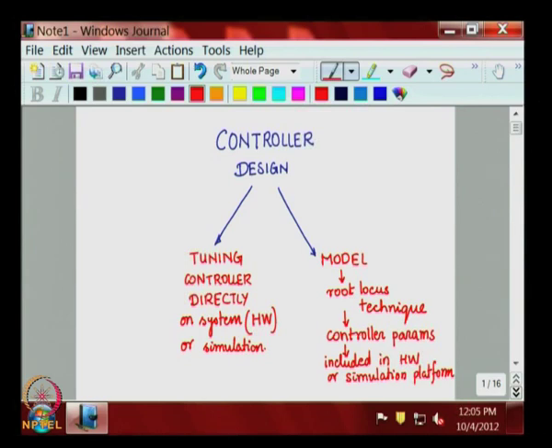So, this is how we will try to address the issue of controller design.